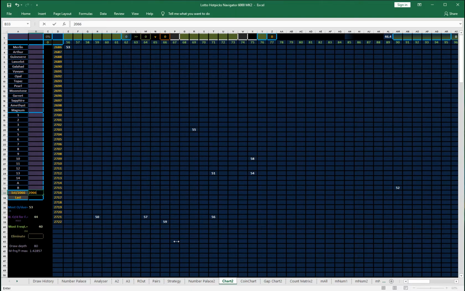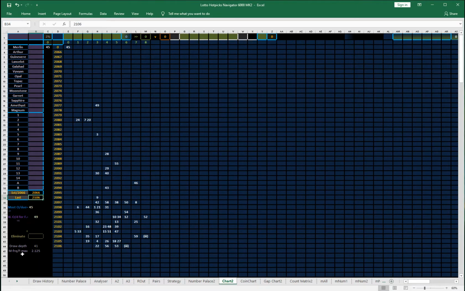And then the frequency of the most overdue for frequency number in proportion to the frequency of the most frequent number should be 2.125.